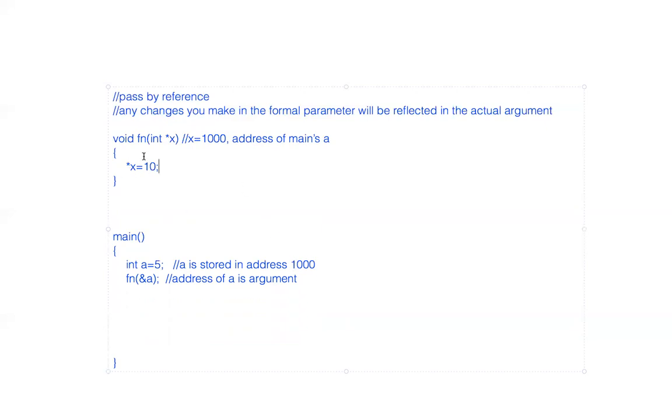Now, once the function is over, it gets terminated. This statement is changing the value of main's a, because x is pointing to a's address. So star x is nothing but the value present in main's variable a's location. I try to print a here.